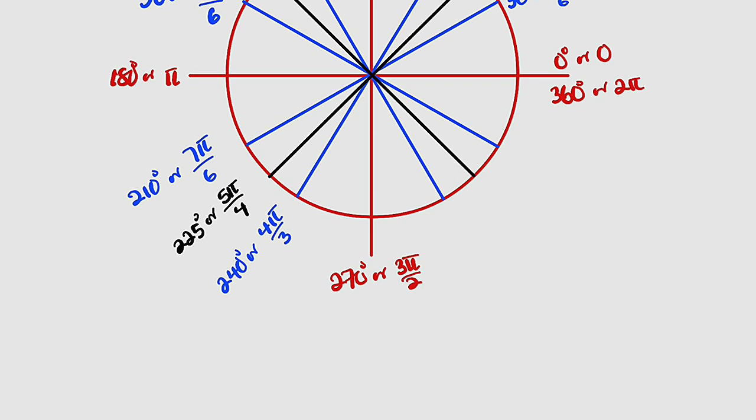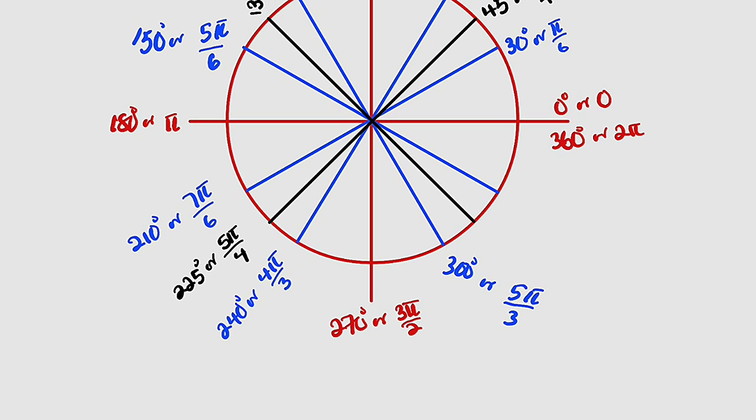Then this one, which is 270. Then we'll move to the next. After 270, we have 300. This is 300 degrees, or in radians 5 pi divided by 3. Then the next one will be 315. This is 315 degrees, or in radians 7 pi divided by 4.